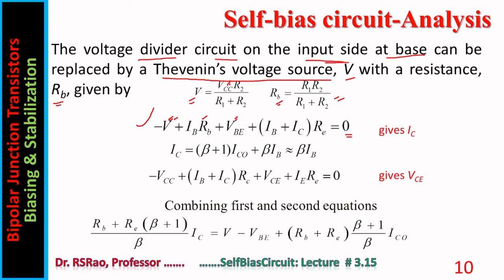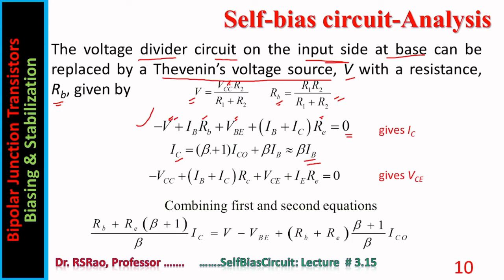It may be 0.2, 0.3 for germanium, 0.5, 0.6 for silicon. RE is known, and IB, IC are unknown quantities, but IB, IC are connected through IC equal to beta IB.